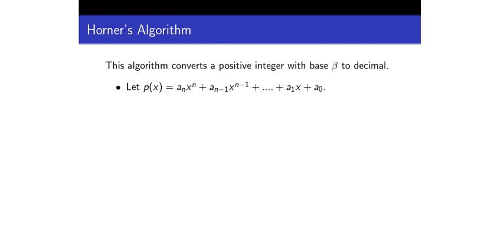Of course, if you replace x by beta, the ais must belong to the set 0 to beta minus 1.